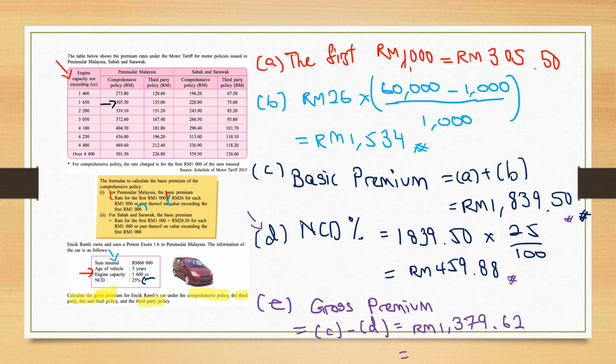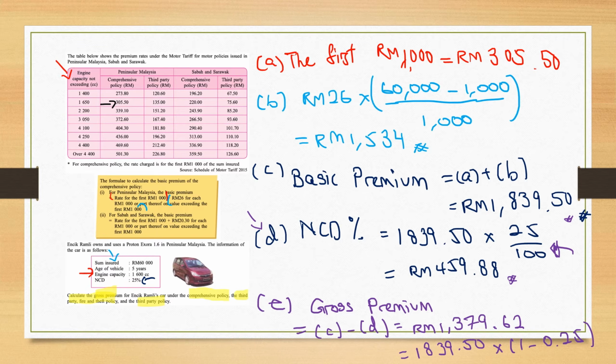So instead of calculating 25%, what you can do is 1839.50 times 1 minus 0.25. There you go. Where did 0.25 come from? This guy right here. Because this will be 75%, right?